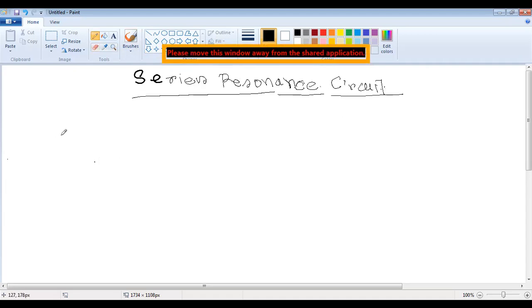So a series resonance circuit means there must be inductance and capacitance in series with R, and you can see this circuit.